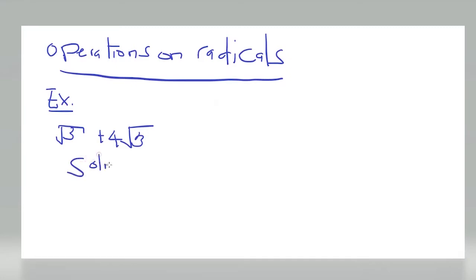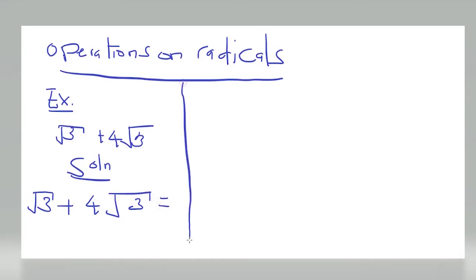This one can be written as: we have radical 3 plus 4 times radical 3. Between 4 and radical 3, it means there is times here.